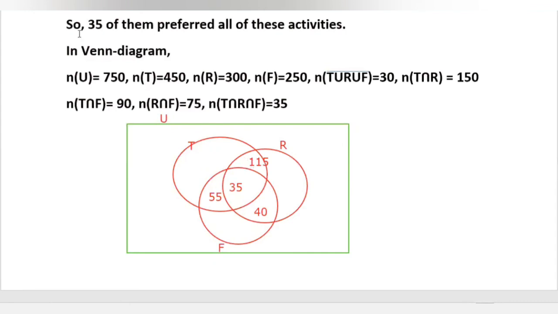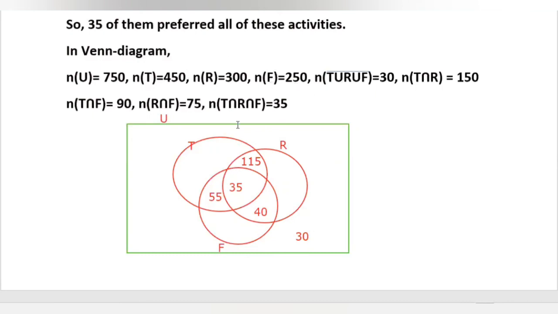Inside this you have to write it down. Let me correct it, let me start from here, 115. It should be inside the space, inside the boundaries. Now 150 is done. Here the complement is 30, so outside the circles, inside the rectangle, 30.